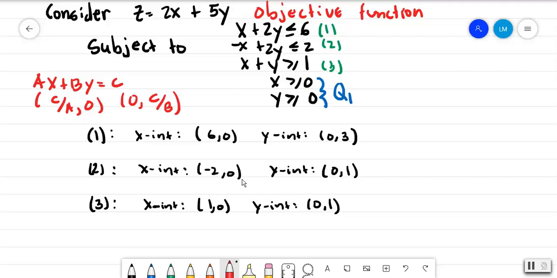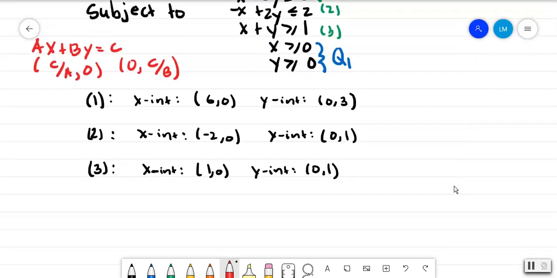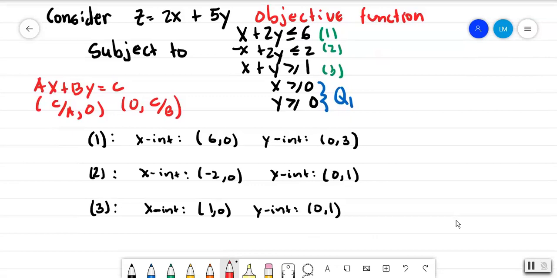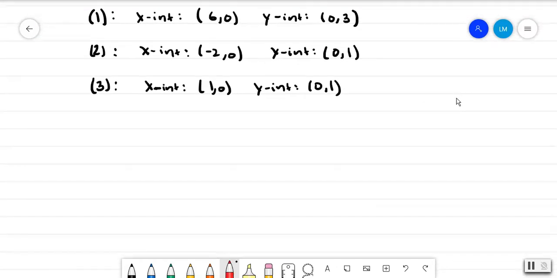So you can use this formula if you want to. The only reason that we do it this way is because you have multiple inequalities that you have to deal with. So let's go ahead and graph each of these boundary lines using the given information.